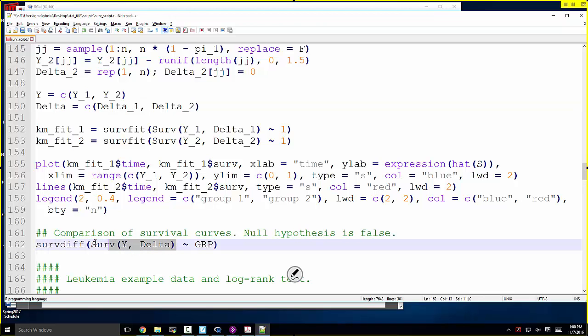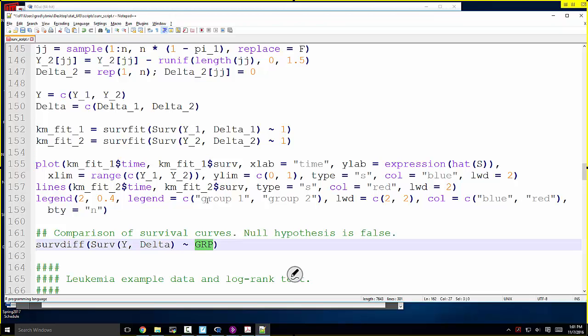Inside survdiff, I say, here is my Surv object, capital Y and capital delta. And then I want to model it in terms of, instead of putting a 1 there like we've been doing to get a single Kaplan-Meier curve, I put a categorical variable or a factor that says group 1 or group 2.